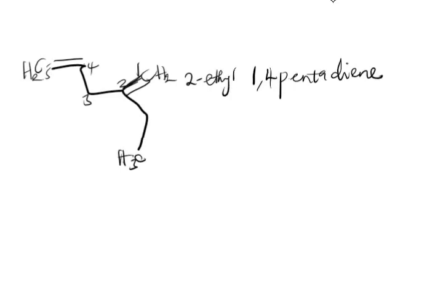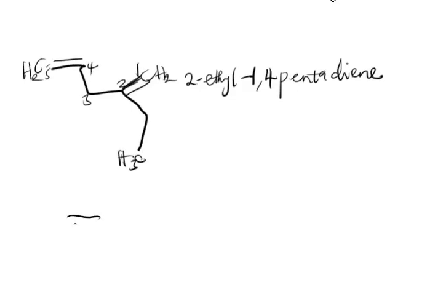So I have 2-ethyl-1,4-pentadiene. So let's also look at this structure. I have another structure this way.